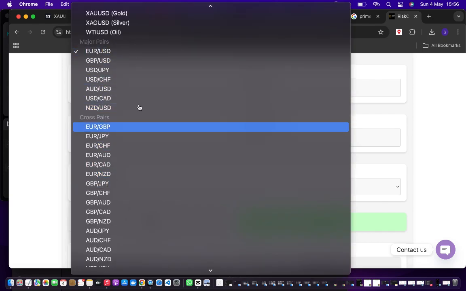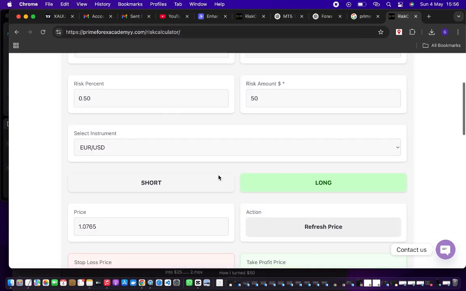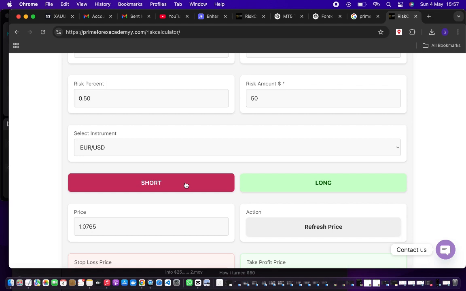As you can see, we have lots of currency pairs here. So you can select the currency pair of your choice. Once that's done, you have to select if you want to go short or long. Short represents to sell and long represents to buy. So I'm willing to go short in this illustration.